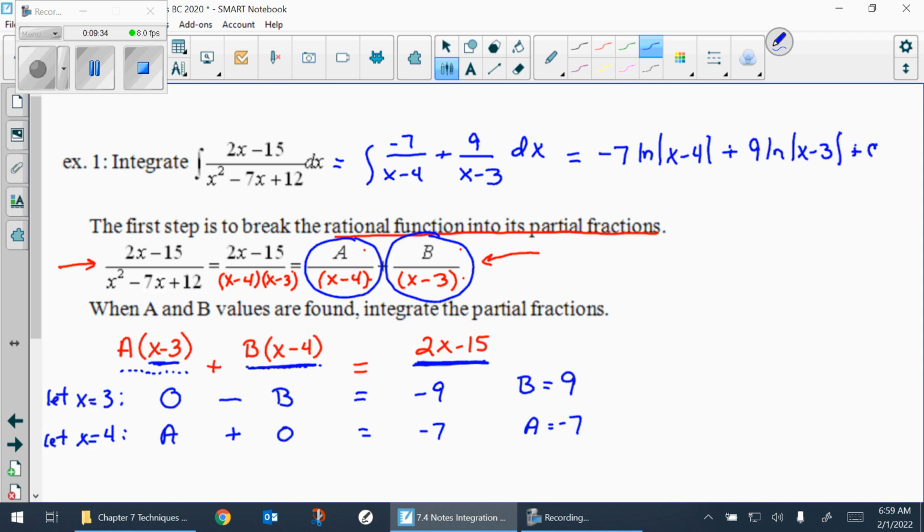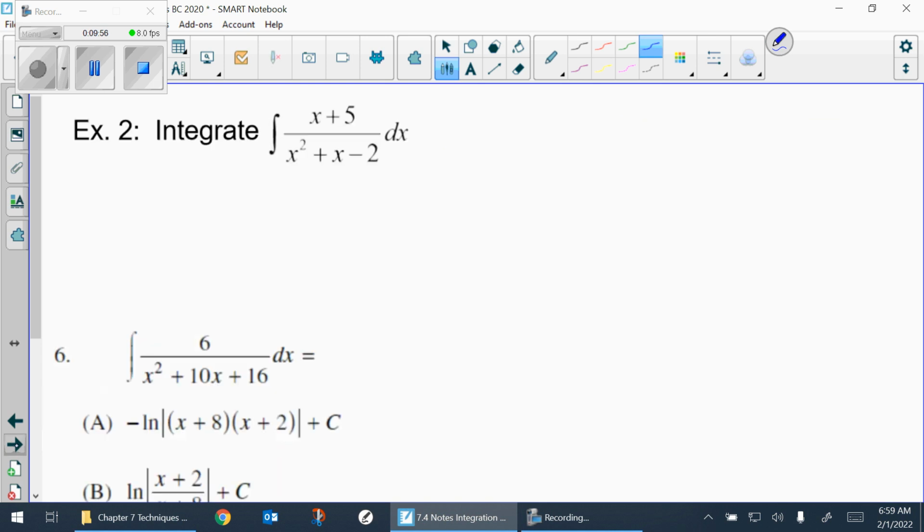Let's see. Okay. So as long as that bottom can be factored, I'm pretty suspicious it's going to be a method of partial fractions. All right, let's see.